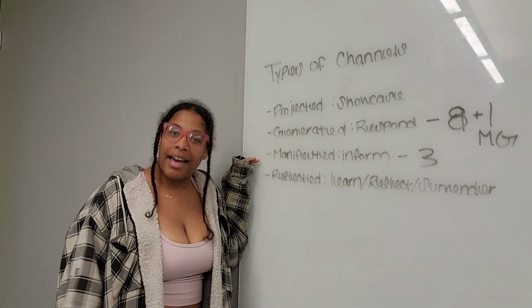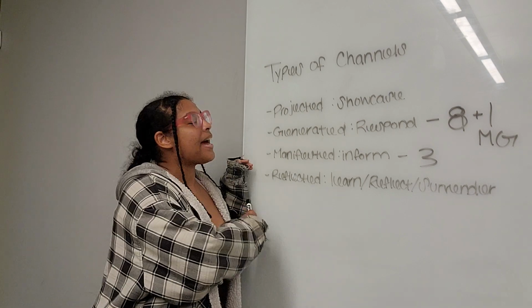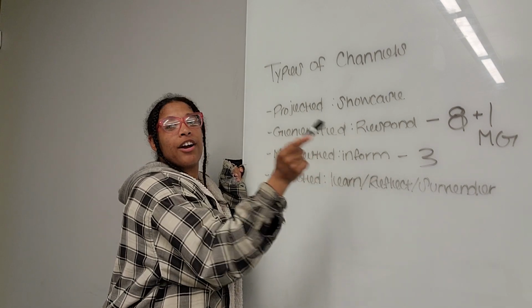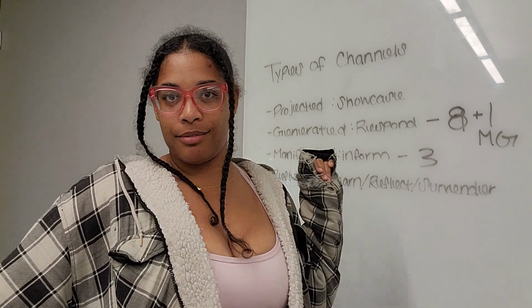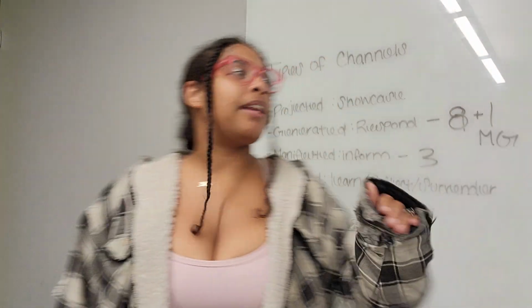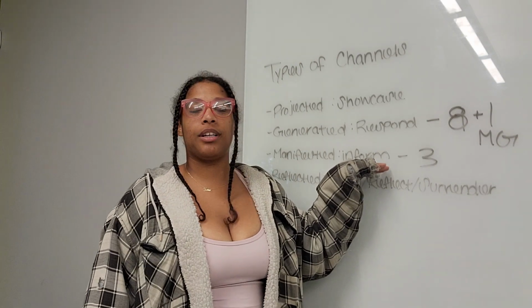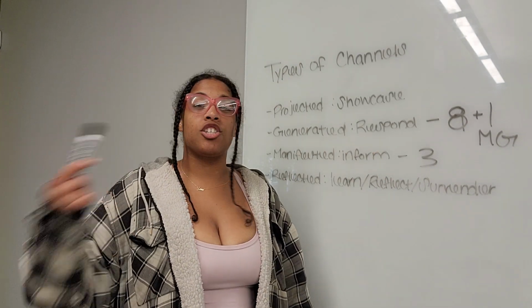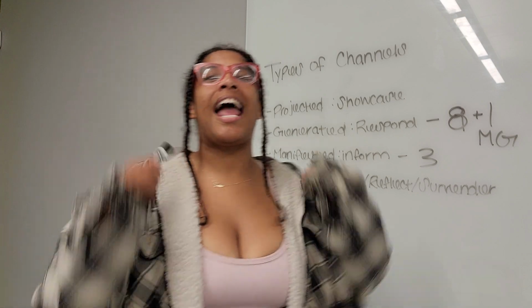Next we have manifested channels. Manifested channels are informing. This is where you're telling people about things, right? So depending on which manifested channel you have, that's going to determine how you inform people.